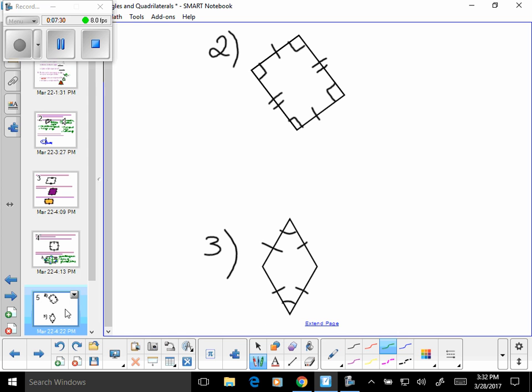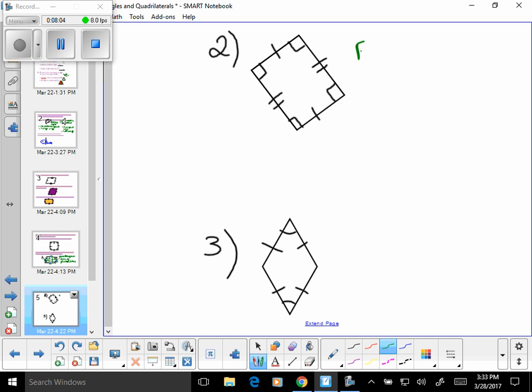Okay, look at number 2. What do you have? Do you have a trapezoid? One pair of parallel sides? Do you have a parallelogram with two pairs of parallel sides? Is there a more distinct way of looking at your parallelograms? Is it a rhombus with four congruent sides? Is it a rectangle, meaning it has four right angles? Is it a square? Four congruent sides, four right angles. Well, this one is a parallelogram, all right, but it is a special type of parallelogram because it has four right angles.